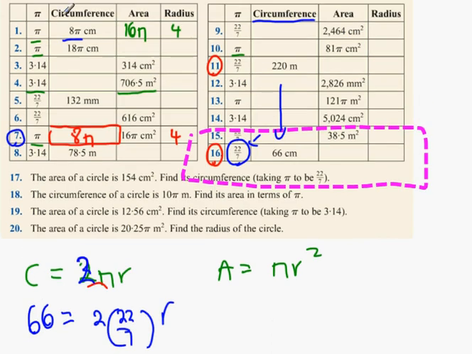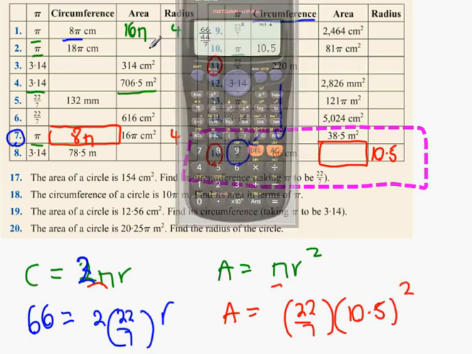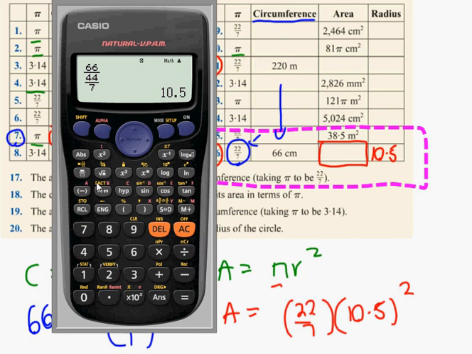What else do we need to find? We have to find the area. Area equals, what's pi? 22 over 7. What's the radius? 10.5 squared. Okay. So it's going to be 22 over 7 multiplied by what, guys?